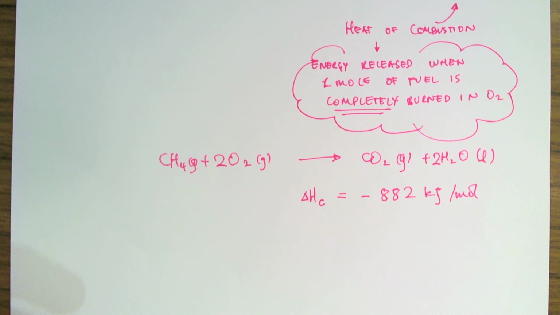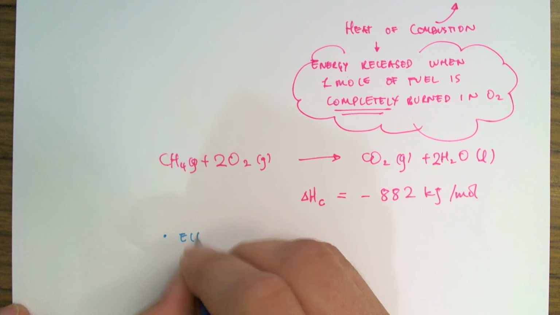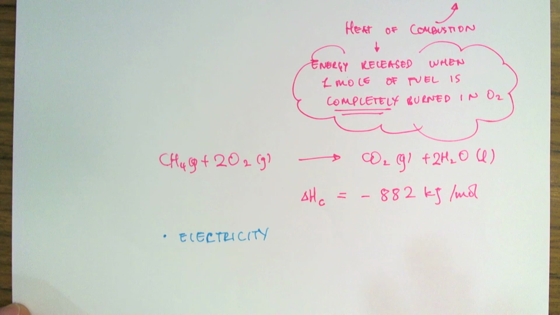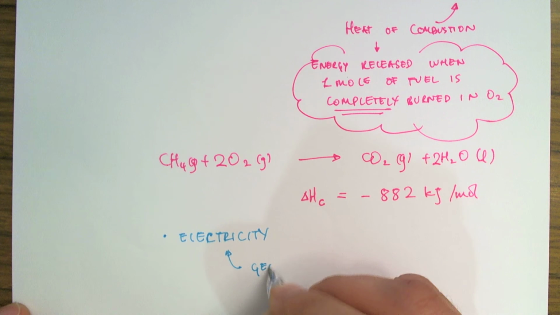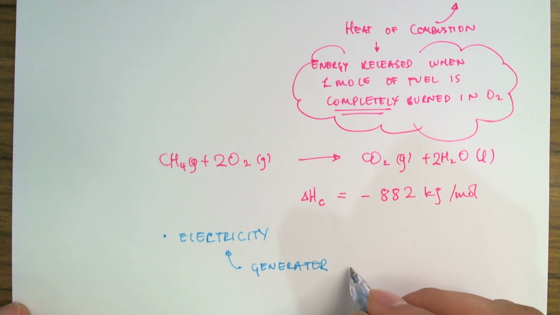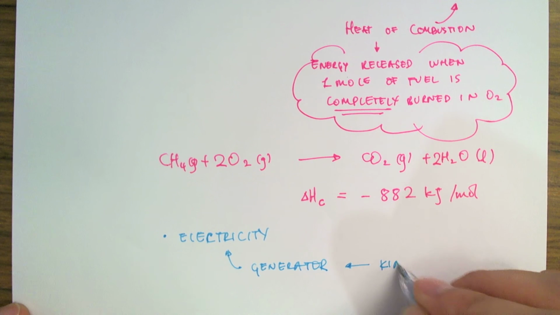So what are the uses of fossil fuels? Well, the main use is, of course, electricity. Right, this is the main form in which energy powers our lives, and this comes from the generator in a power station, which in turn comes from the kinetic energy in the turbines.